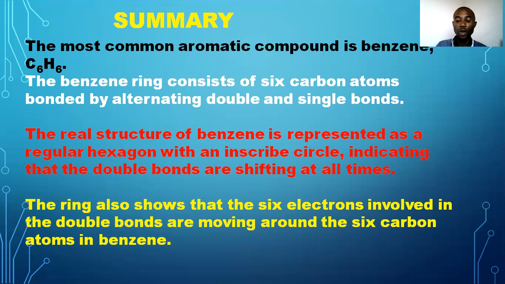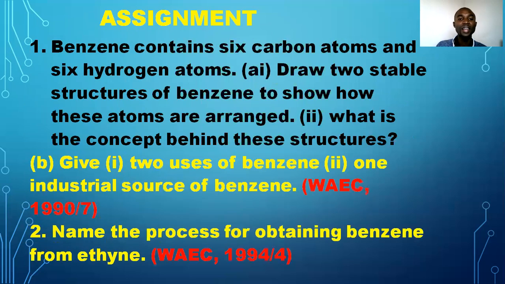But before we end this video, I have to give you some assignment and assessment you need to try from previous exams that we've done in WAEC. Number one, benzene consists of 6 carbon atoms and 6 hydrogen atoms. A, draw 2 stable structures of benzene to show how these atoms are arranged. Of course, we talked about it.